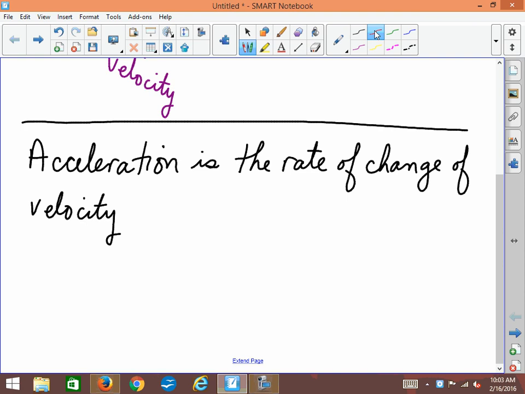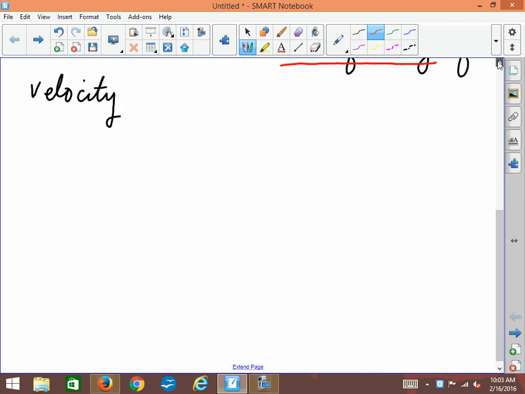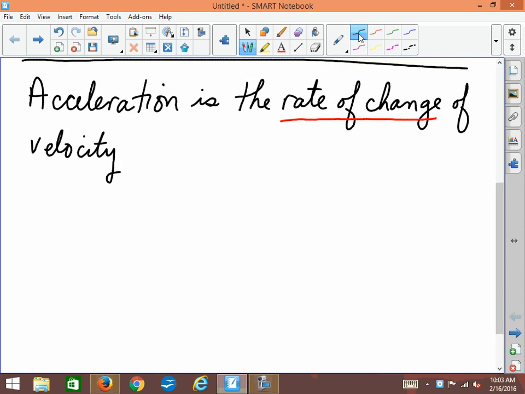When we talk about the rate of change of something, remember that's a comparison with how the time changes. So what this actually means is that acceleration is equal to a comparison of the change in velocity compared to the change in time.